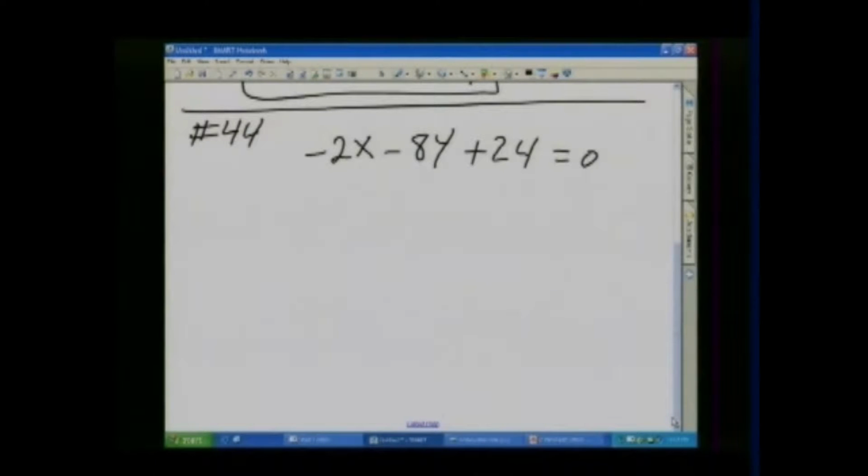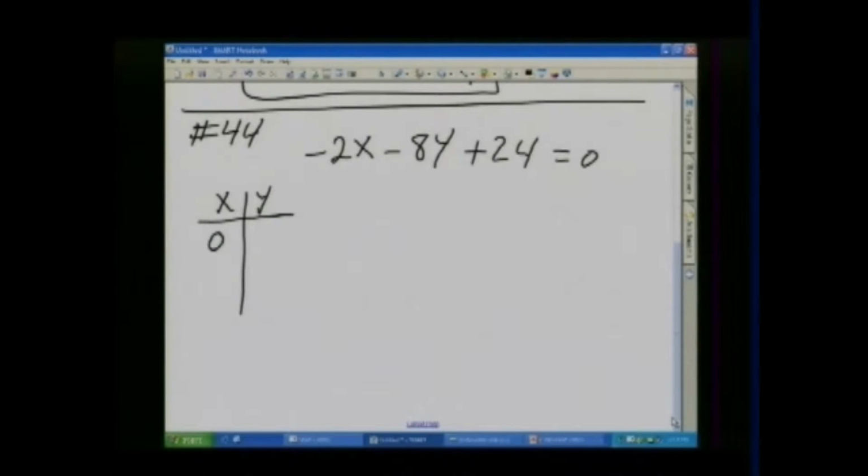Now normally for the sketching of a graph, what I like to do is make myself a t-table. I put x on one side, y on the other side. And since this is a straight line, all I need to draw a straight line is 2 points. The simplest one to find is, if x is equal to 0, how much would y be?